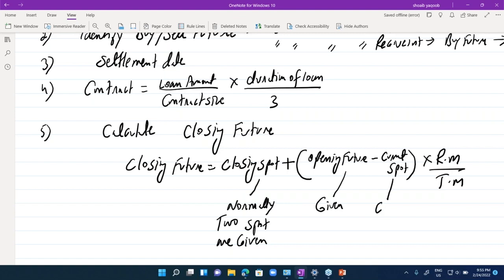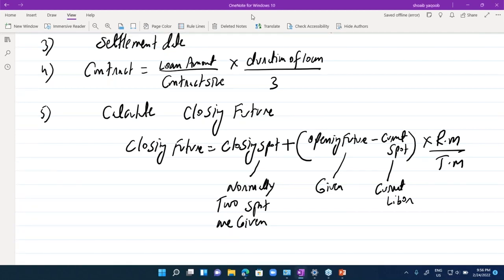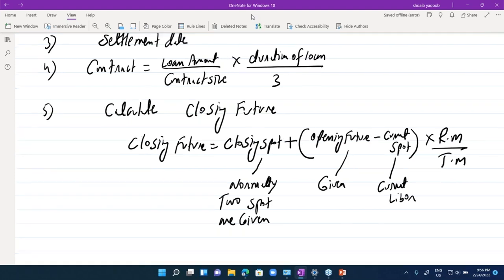Current spot is given, current LIBOR. So closing future, use this formula, you will be able to calculate the closing future.